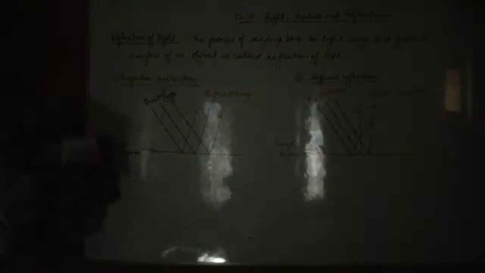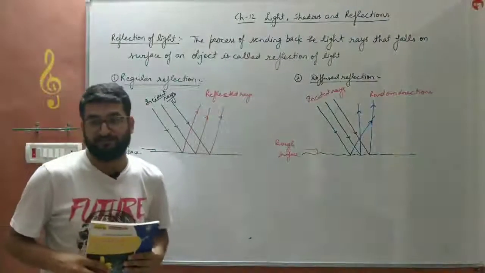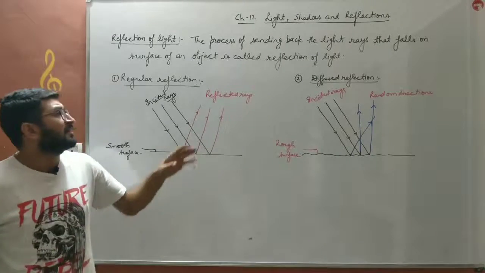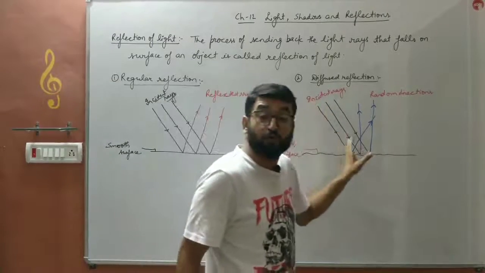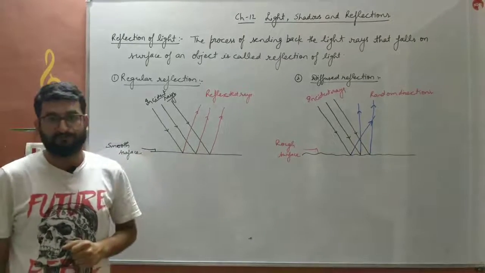If I switch off the light and turn on the light, you can see the light is falling over the book, but there is no such image or reflection on the board. Why is it so? Because this is not a good reflecting surface, because this book is a rough surface. And rough surfaces do not reflect the light properly. Rough surfaces perform diffused reflection, due to which no image is formed.